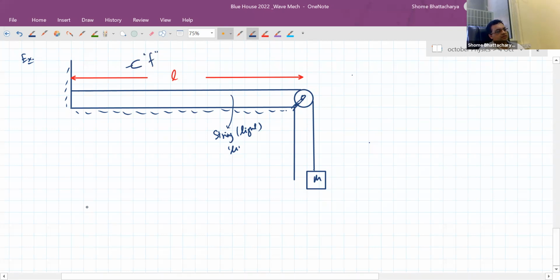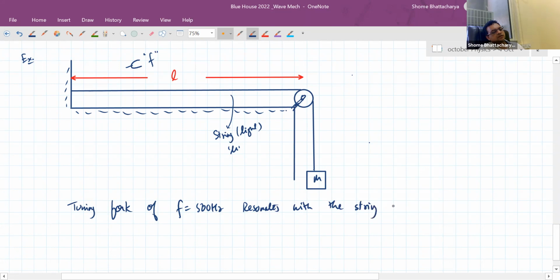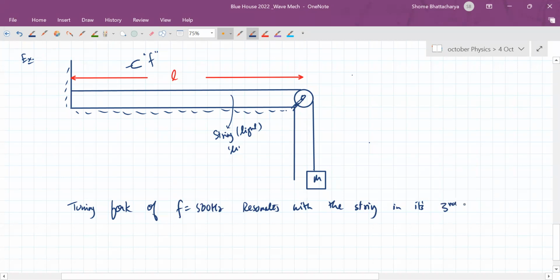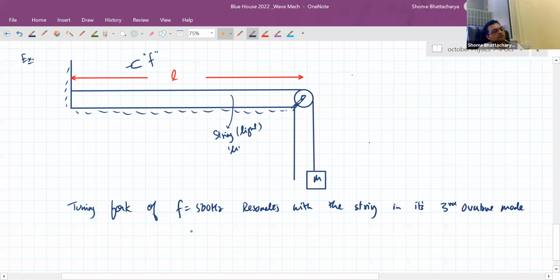Okay. Now the question says that the tuning fork of frequency equal to, let's say, 500 hertz resonates with the string in its third overtone mode, when M is equal to 50 kilograms.